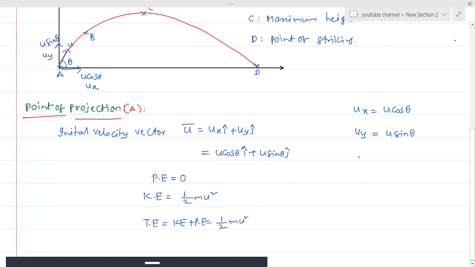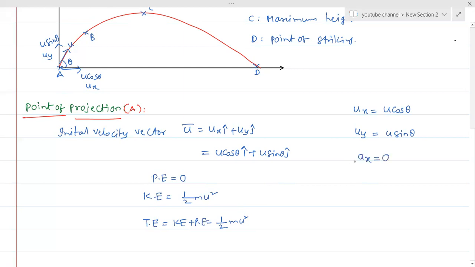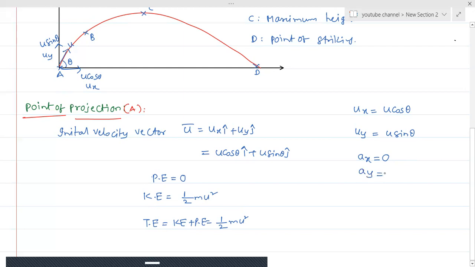And here, when we neglect air resistance, generally we take ax equal to 0. As the body is moving upwards, it is under the influence of gravity, so only the y component of force will be there. Therefore we write ay, as the body is moving upwards, as minus g.